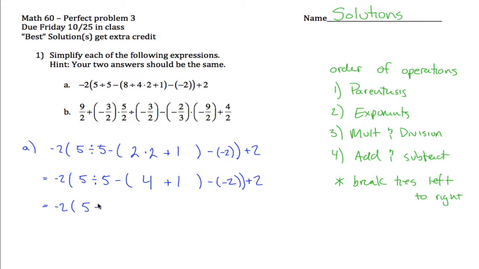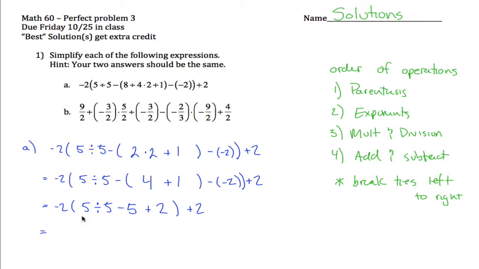So what I have is 5 divided by 5 minus what's in these parentheses, this 5. And then I got minus negative 2. Minus negative 2 is the same as plus 2. And then plus 2. So really I did two things there: 4 plus 1 is 5, and don't forget the negative. Negative 2 is the same as positive 2.